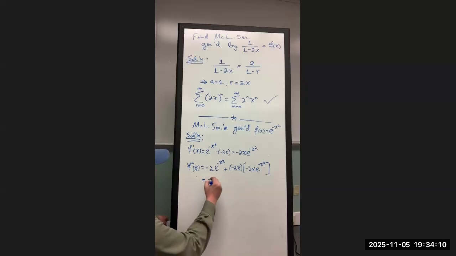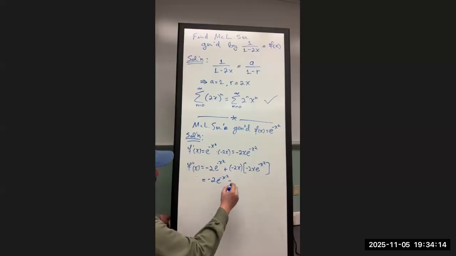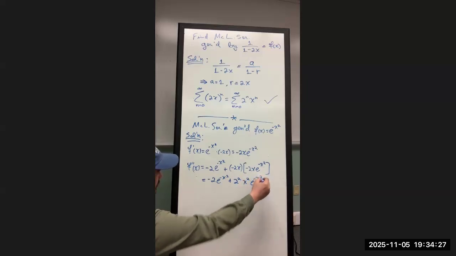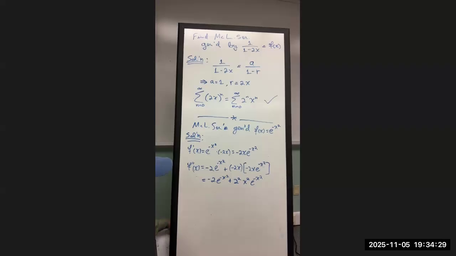And what is that going to give us? It's negative 2 e to the negative x squared plus, because I have two negatives, 2 squared times x squared e to the negative x squared. Yikes. Or yeah, let's put 4 there.